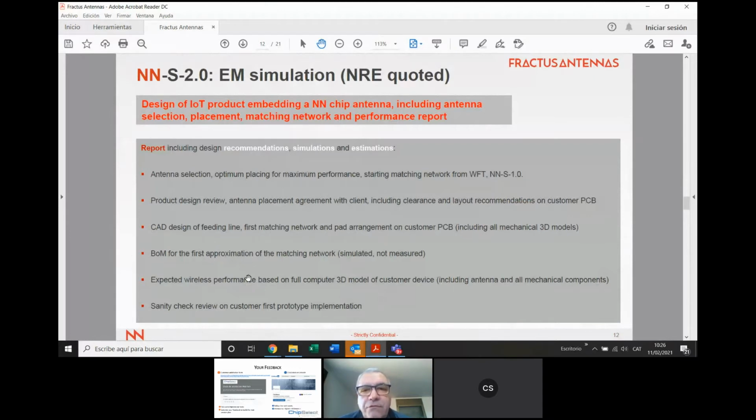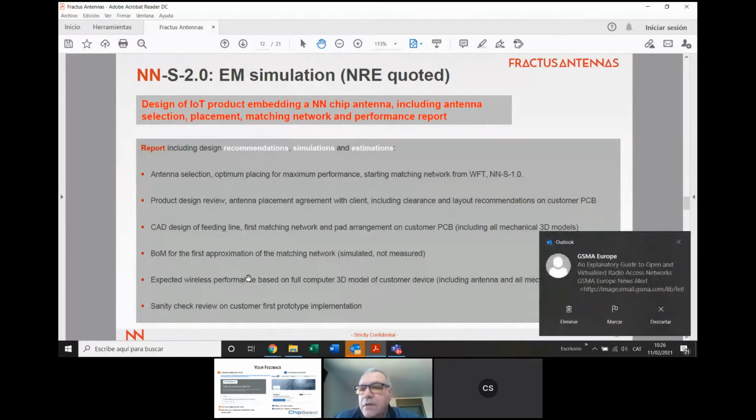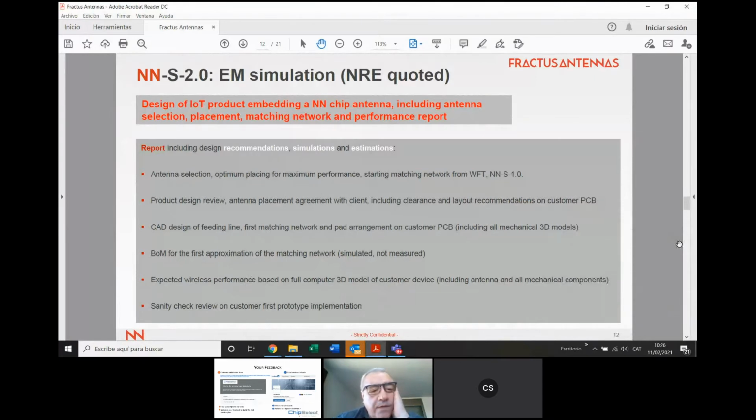So if we receive, let's say, a STEP file or a 3D model with all of these elements and the Gerbers of the PCB and so on, then we can make the antenna selection, optimizing and placing the antenna in the appropriate place to maximize the performance. And we start to make some recommendations for the matching network, the topology, and the bill of materials. So we will make the design review.